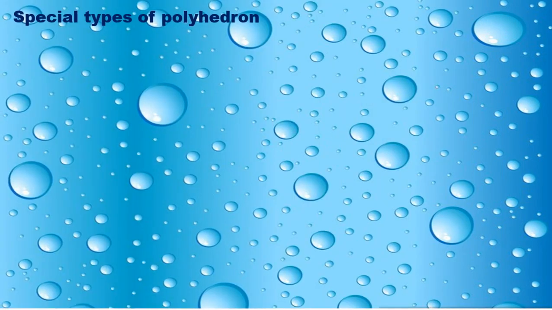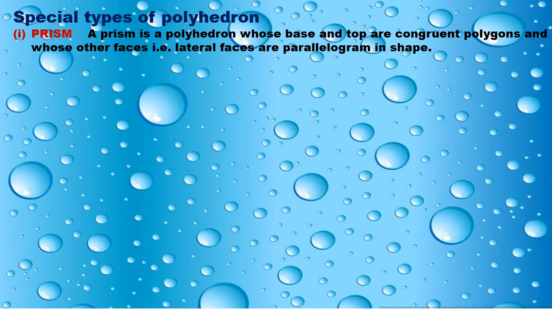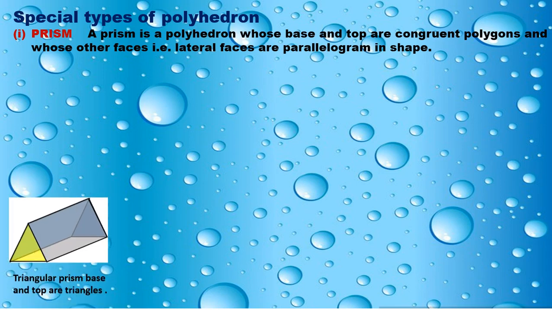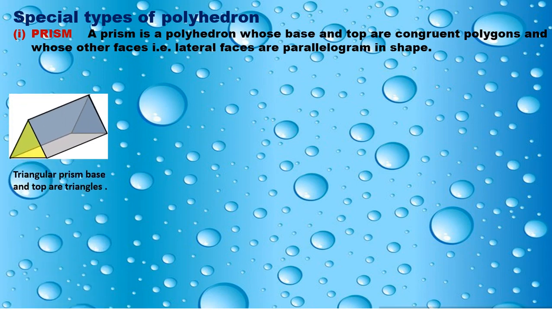So let's talk about the special types of polyhedrons. Prism: it is a polyhedron whose base and top are congruent polygons and whose other faces, that is the lateral faces, are parallelograms in shape.